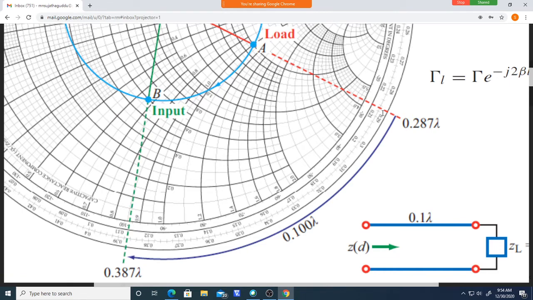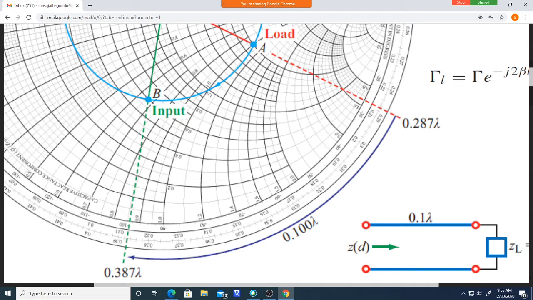Otherwise, you read the value here. What is here? 0.29, or 0.28, and how many divisions are there? 1, 2, 3. Each division is 0.005. You count how many divisions. To this you add 0.1.